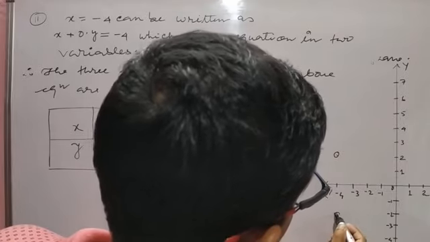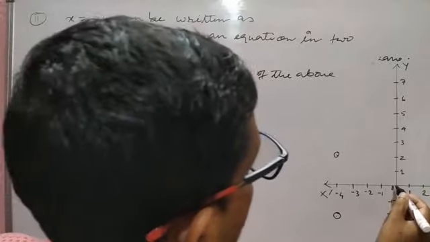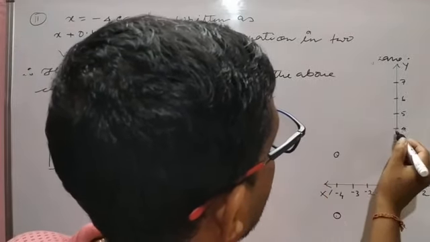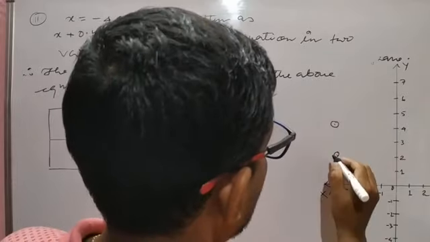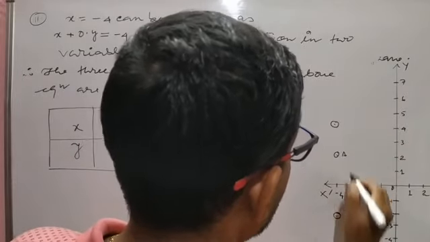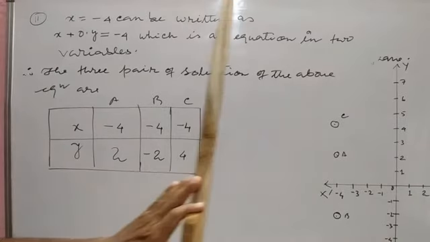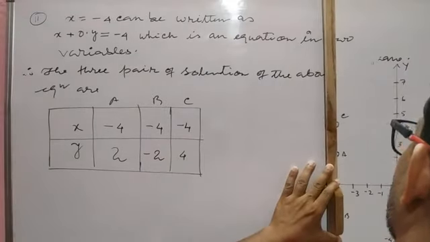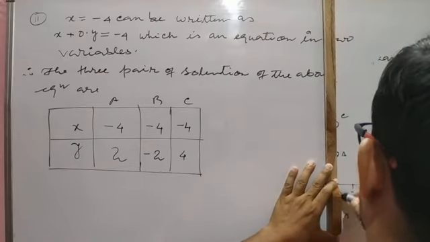This is -4, -2, and -4, 4. This is 4, so this will be -4, 4. So it will be A, B, C. Now if we draw a graph, definitely it will be a straight line.